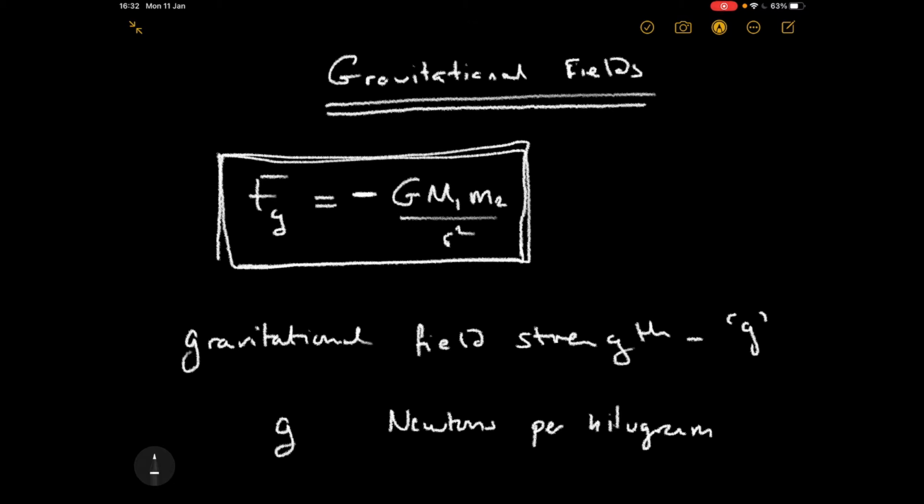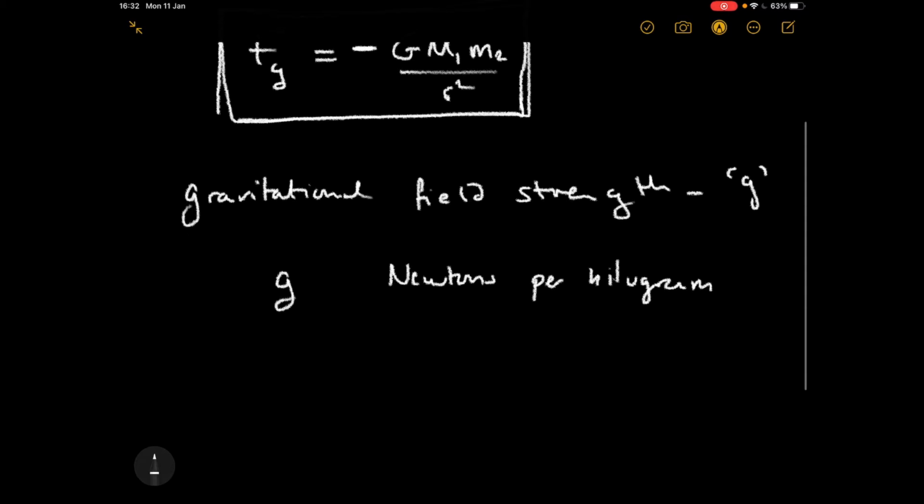So the gravitational field strength is a measure of the force exerted per unit mass on the object placed in a field.